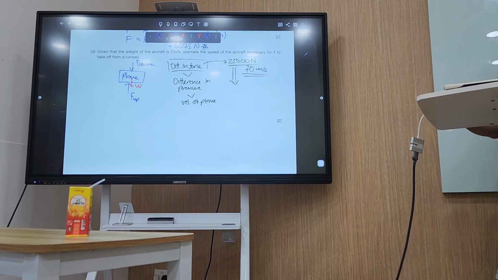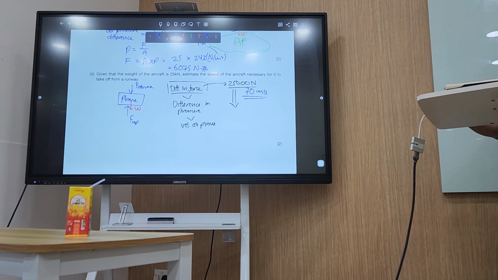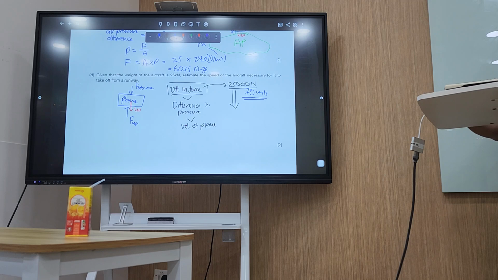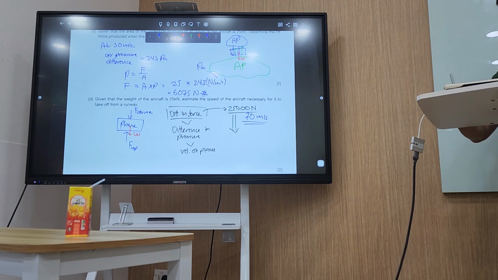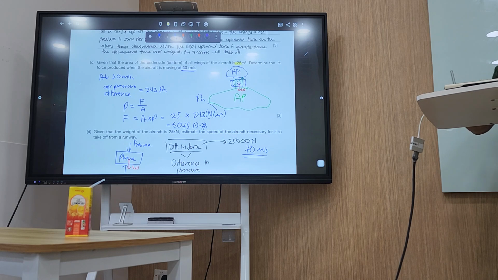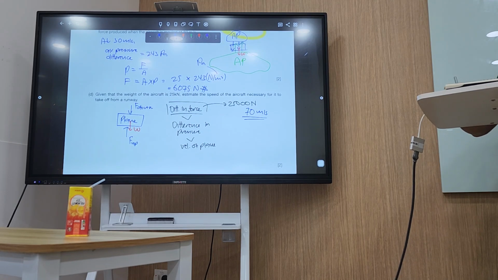What pressure difference do I need? 25,000 newtons is acting over 25 meters squared. What's the pressure difference that I need? 1,000. Pressure difference equals 1,000 Pascal.